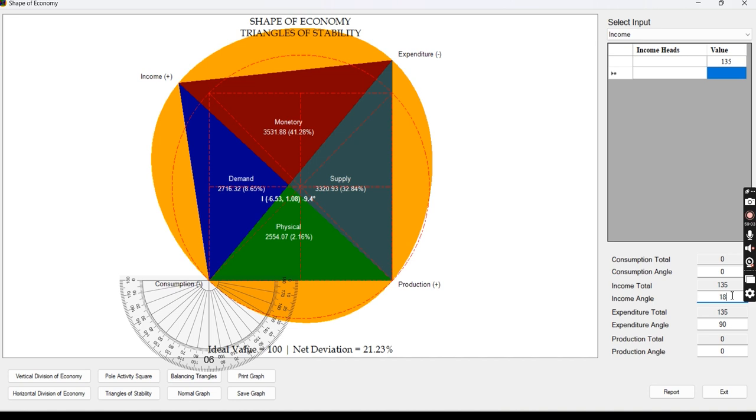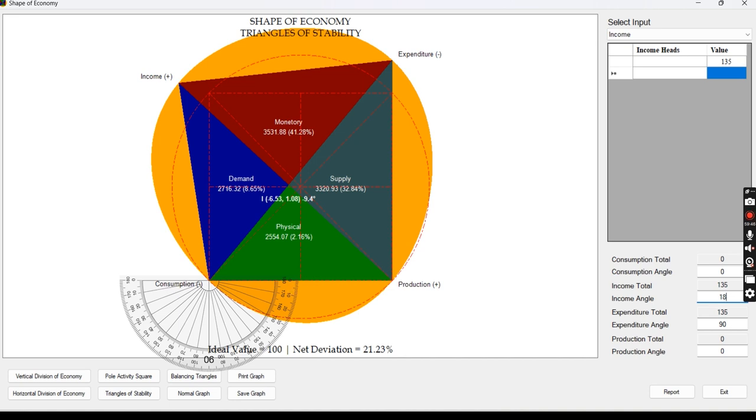If you want to affect the pool of production, then you will have to again put the angle ruler on the consumption pole of the square. It has not changed so far. It is still touching the circle of the sphere of economy.